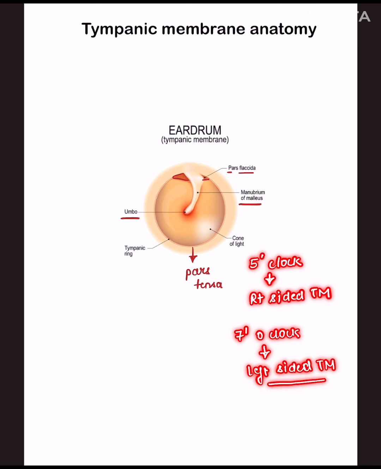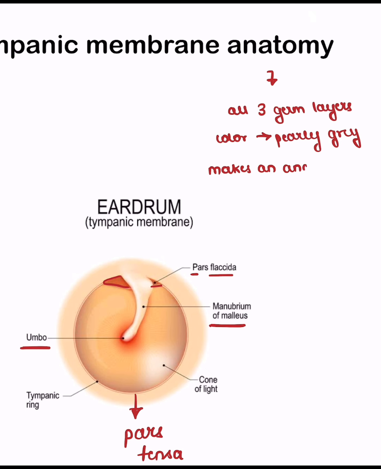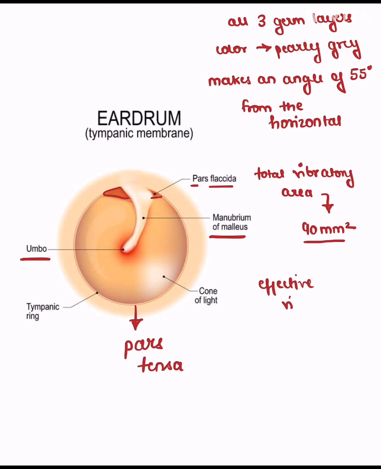It makes an angle of 55 degree from the horizontal. Total vibratory area is 90 millimeter square and effective vibratory area is 55 millimeter square.